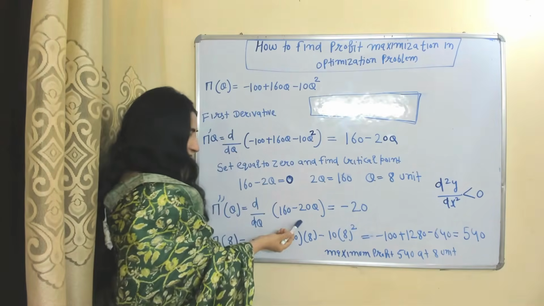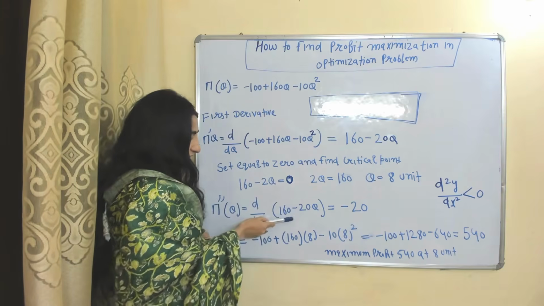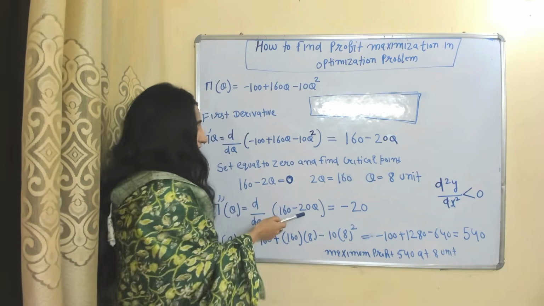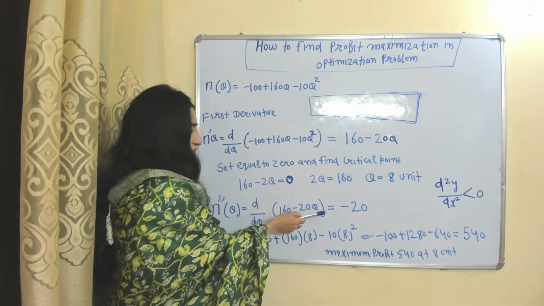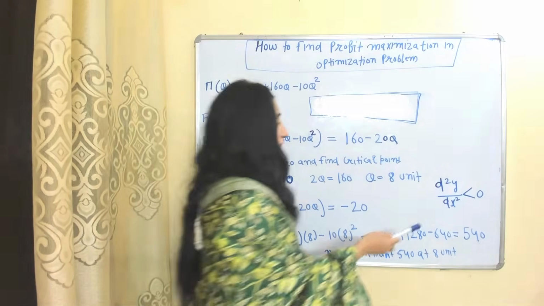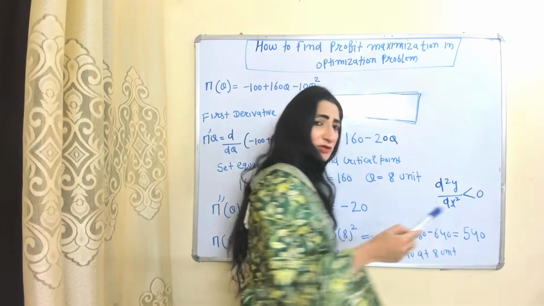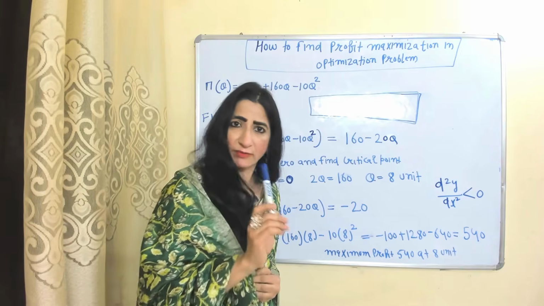Now we will take the second order derivative for this first order derivative function. So the derivative of 160 is 0, the derivative of minus 20q is equal to minus 20. We have already discussed, in the case of the profit function, if the second order derivative is less than 0, that means we are receiving maximum profit.